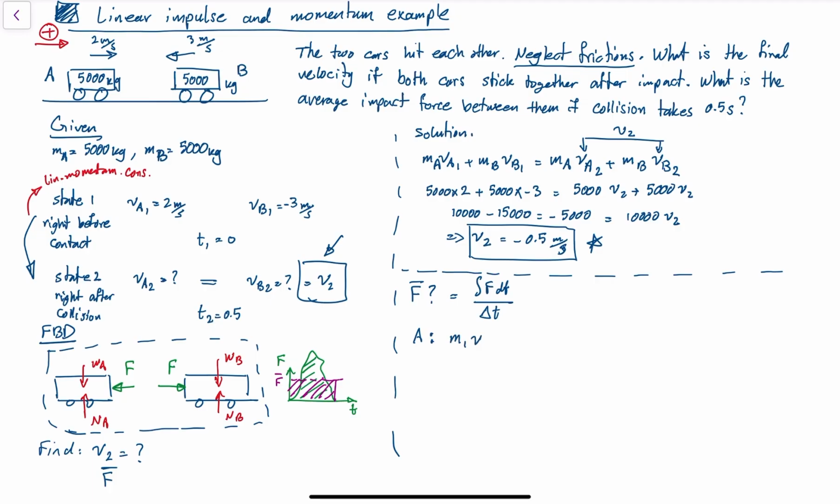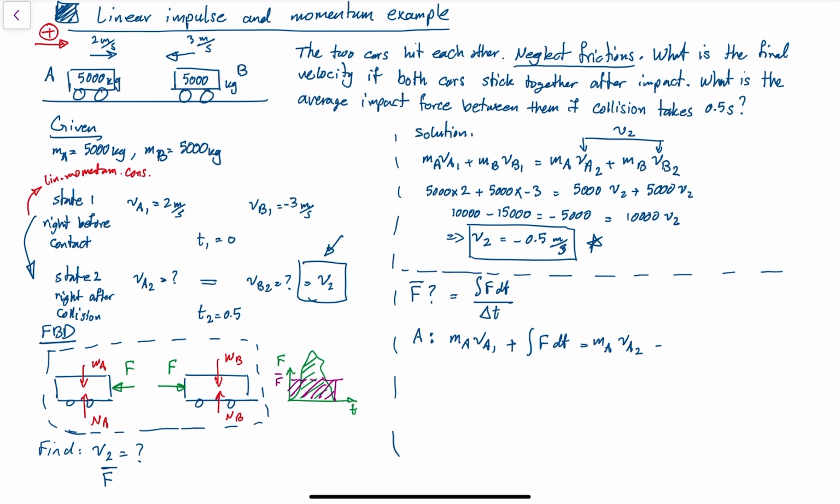I look at car A. I have MA VA1 plus the total impulse in the horizontal direction, integral of F dt, equals MA VA2.